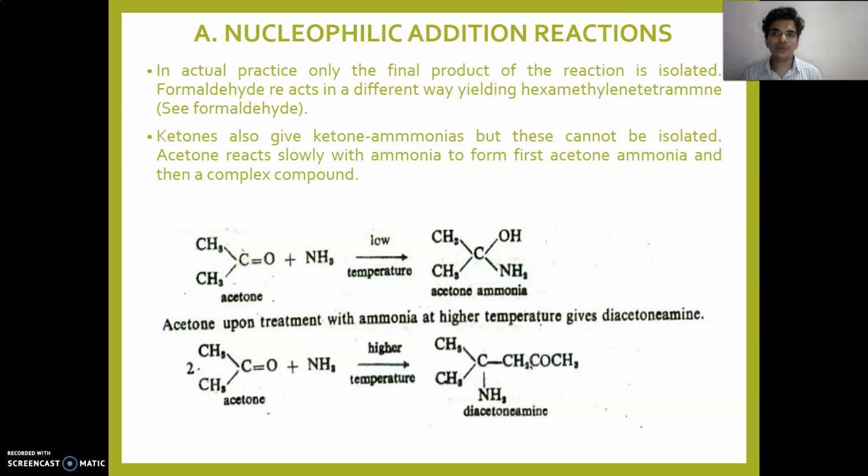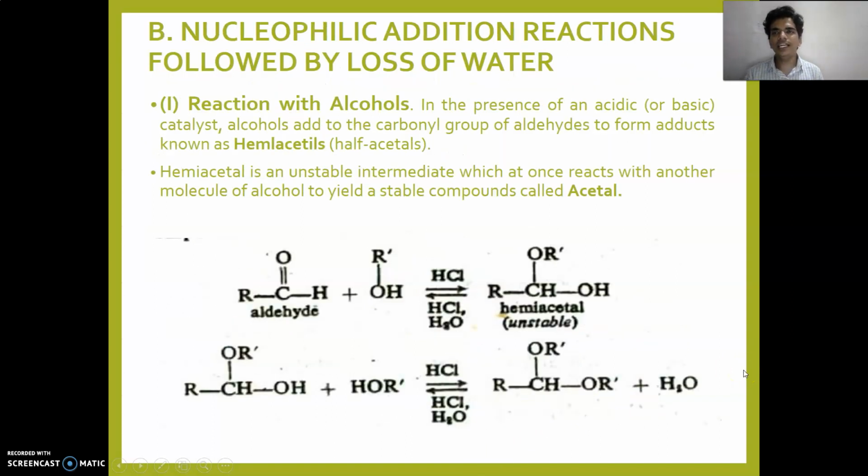Acetone reacts slowly with ammonia to form first acetone ammonia and then a complex compound. This is a complex reaction due to the instability of these compounds. Acetone upon treatment at higher temperature gives the diacetonamine compound.